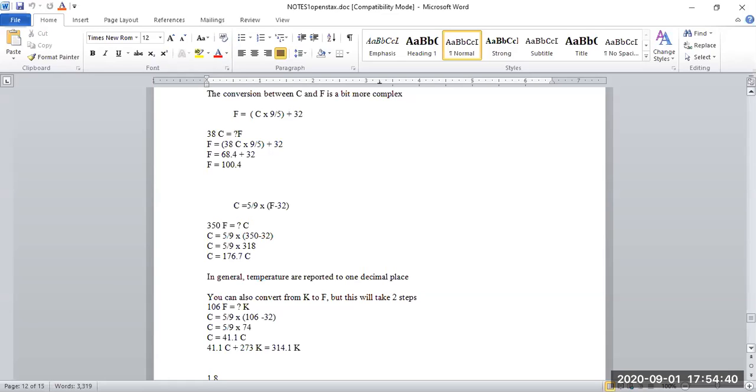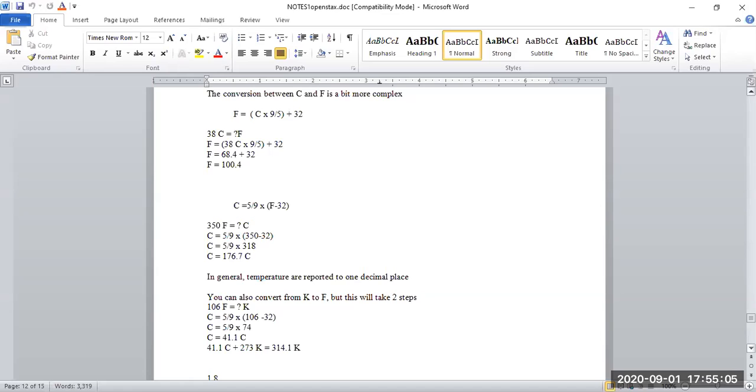So how about going in the opposite direction? Here in the US, 350 Fahrenheit is a really common, I'm going to bake something in the oven temperature. So how about Celsius? Now this one has the parentheses in a different place.